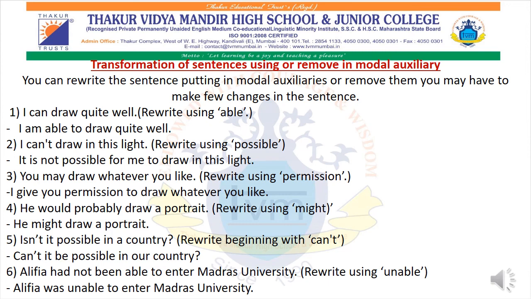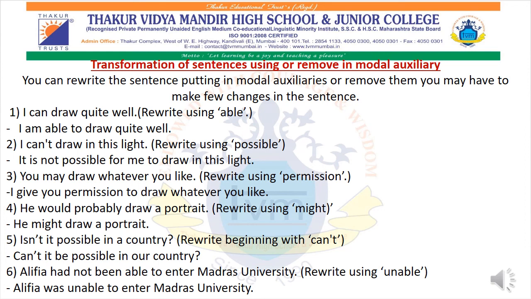So I hope this concept of modal auxiliary verbs is clear. They often tell you to identify and denote which type it is. And in this rewrite transformation of the sentence, they will tell you to remove the modal auxiliary verb, and instead of that you have to use these particular words, and make sure that the sentence has a subject, an object, and a verb.